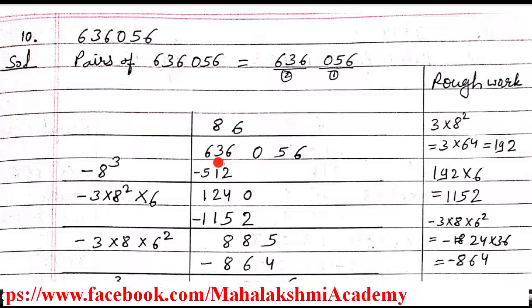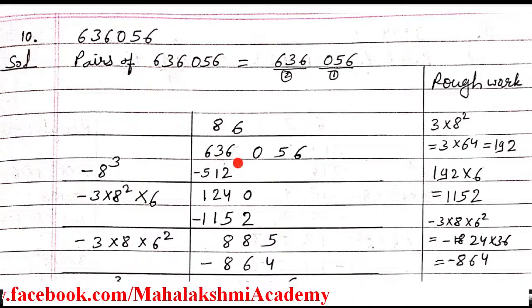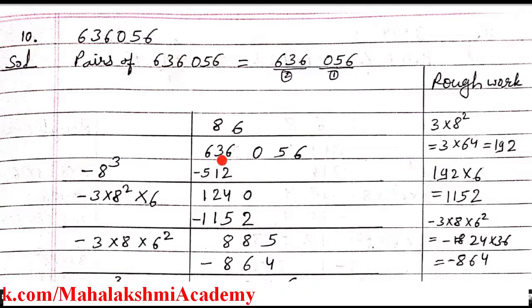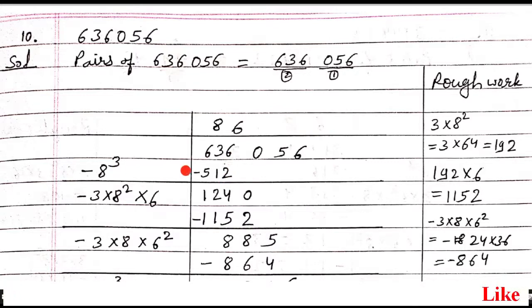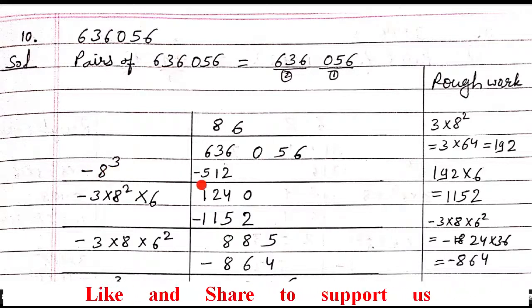We have to think of a number whose cube is just less than 636. When you think like this, you will find 8 cube, that is 512, is just less than this. That's why we selected 8. So you have to do minus 8 cube. I already mentioned in the previous question why we did minus 8 cube, because we are finding the cube root. So 8 cube, and minus because we have to subtract here.